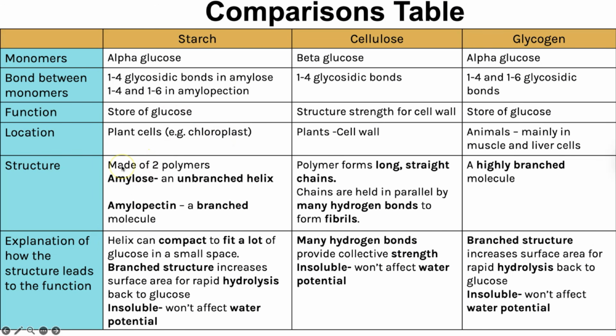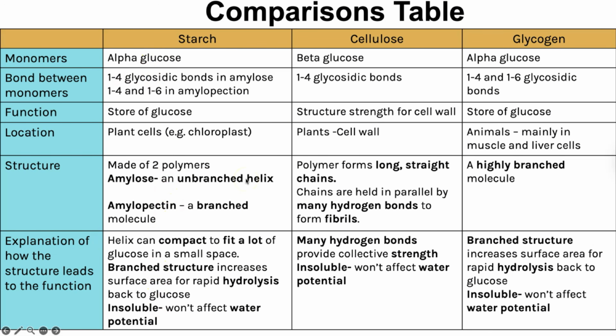And then the structure. Although I've talked about amylose and amylopectin here, I haven't actually seen those two terms come up on the new spec yet in a mark scheme. But I'm keeping it in just in case and so that you've got the full understanding. So amylose, this is one of the polymers in starch, which is made up of only 1-4 glycosidic bonds between the alpha glucose.